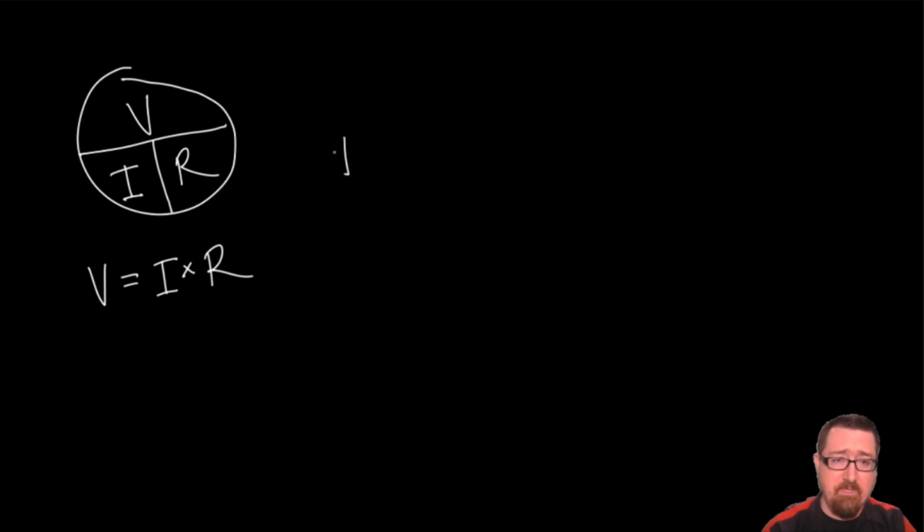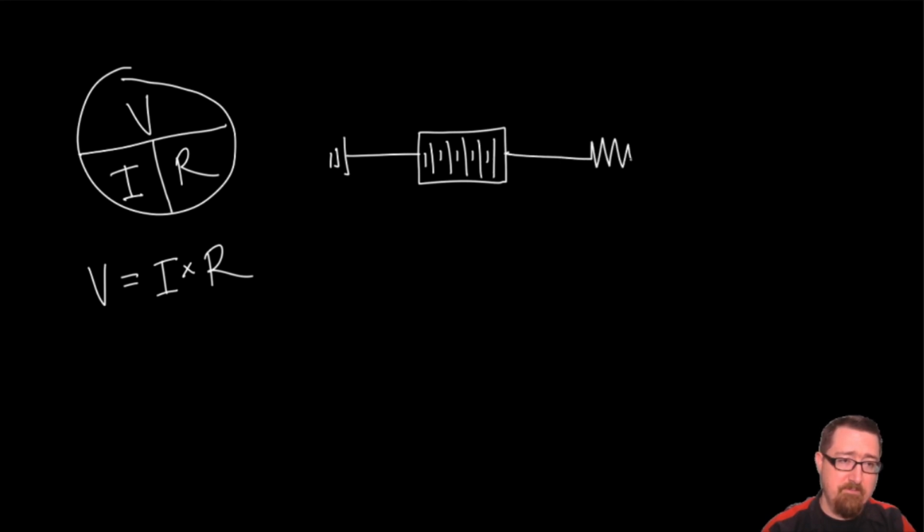And then we drew our very simple beginning wiring diagram that contained a battery, a load, and some grounds with some wires.